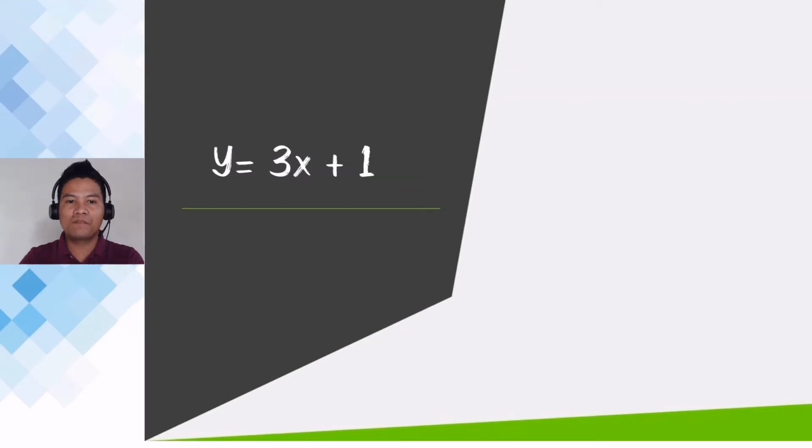In understanding further the variables, let us consider the following expression. Y is equal to 3x plus 1. Note that the expression contains a constant 3. The expression has a constant 3 and two variables, x and y.